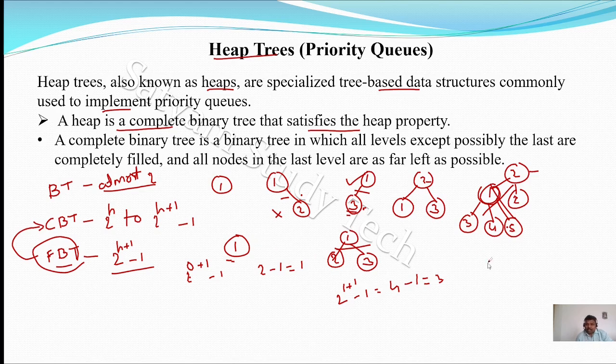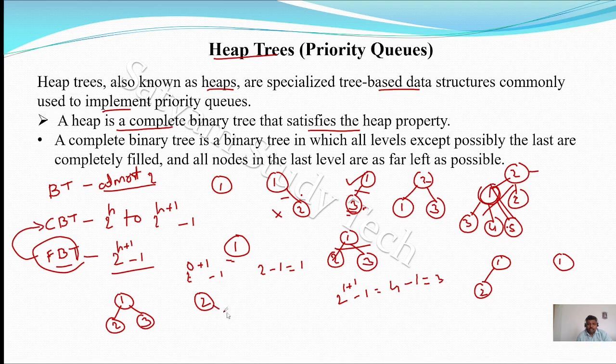Complete binary tree means the tree is filled from left to right. So this is a complete binary tree. Here this is also a complete binary tree. For example, here it is 1, 2, 3. Here it is also a complete binary tree.